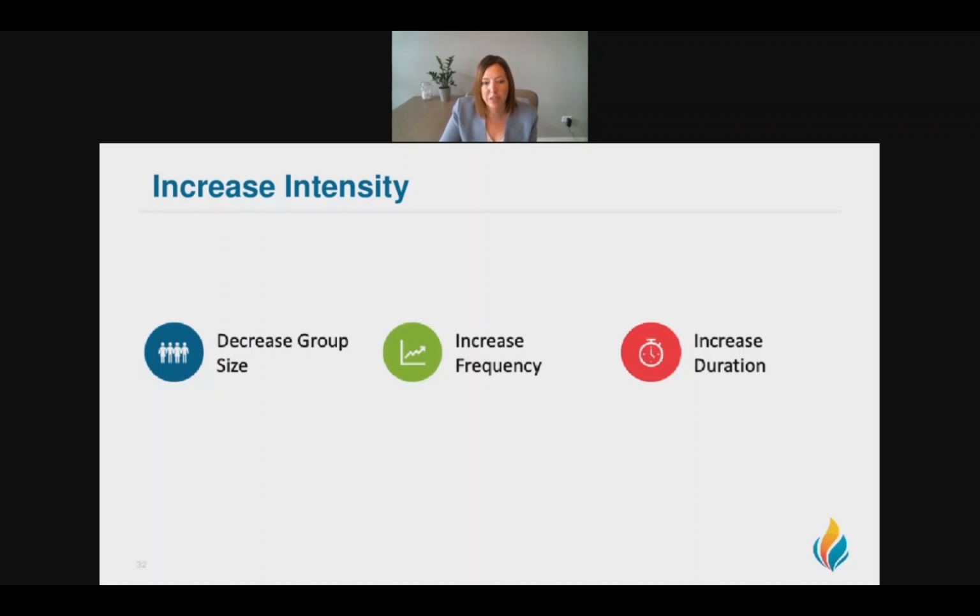In terms of decreasing group size, we've seen this happen in various ways. Schools have provided additional teachers, sometimes in the form of interventionists they have available, or educational aides, to decrease group sizes for practice groups or even small group instruction as part of the universal tier.